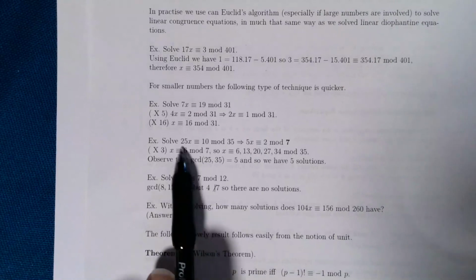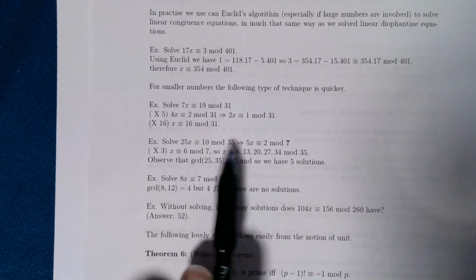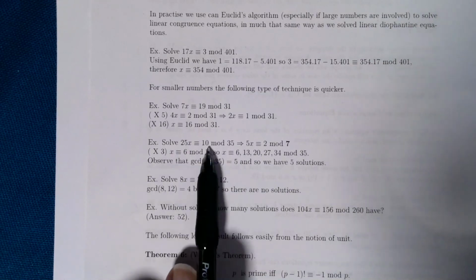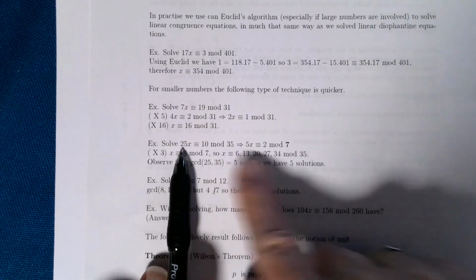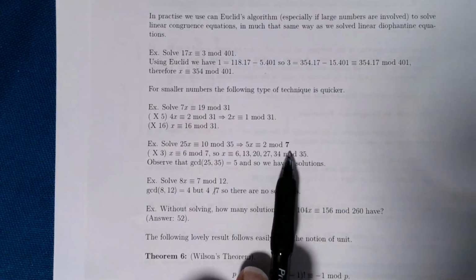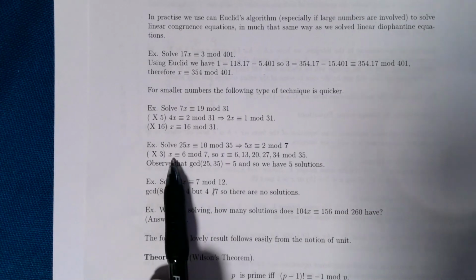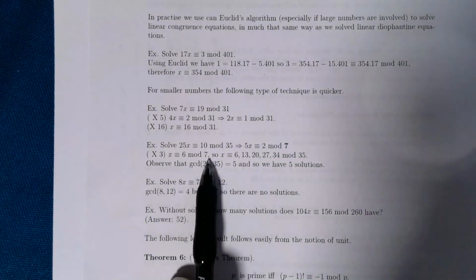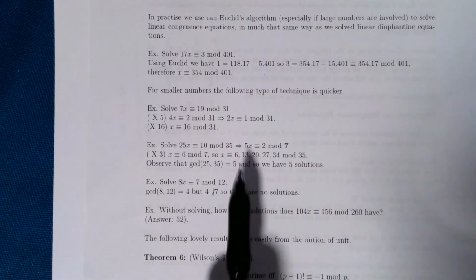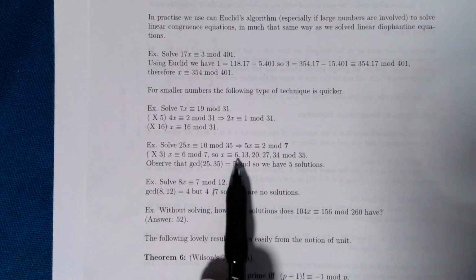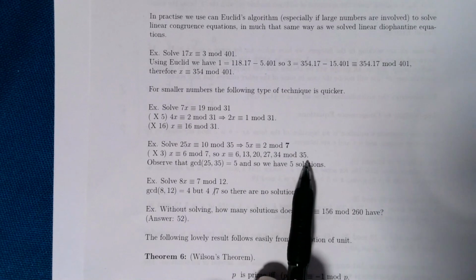Similarly, if I had to solve this one, I would firstly divide everything through by 5, including the modulus, because that's the GCD of these two numbers. So I get 5x is 2 mod 7, and then I'd multiply, say, by 3, because 3 5s are 1 mod 7, so I get x is 6 mod 7, and I know it's going to have 5 solutions, that's the GCD, and they're going to be just 6 plus 7, plus 7, plus 7, plus 7, and there are the 5 solutions.